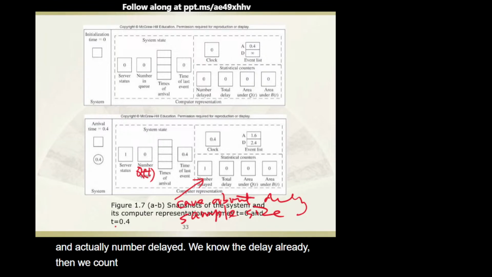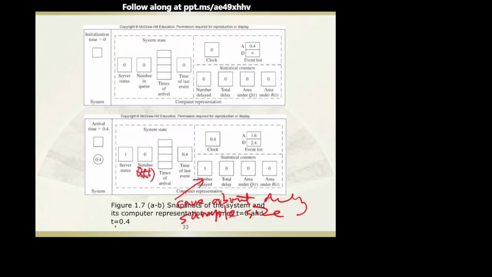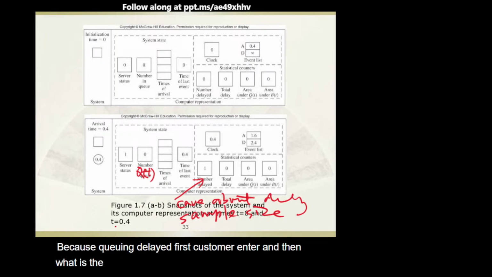So for the first arrival, why has the queuing delay been known? Because the first customer enters, and what is the queuing delay? It's 0. No need to wait in queue. So of course we increase this one.